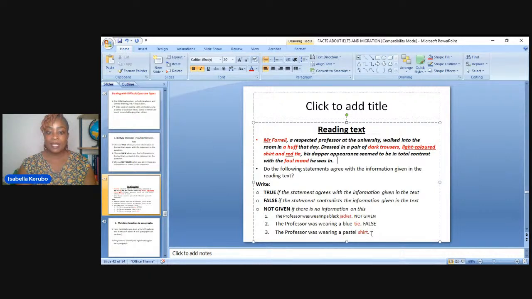So the answer to question number 3 is true. All right. So basically, this is how you are supposed to deal with the questions that require you to identify information, either to say if the statement is true, or it might be requiring you to say if you agree with the statement.